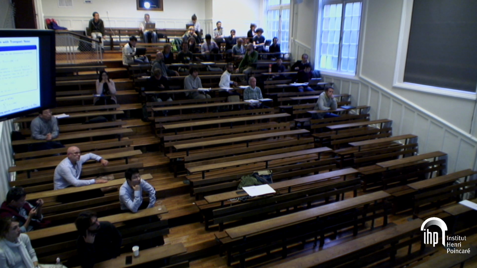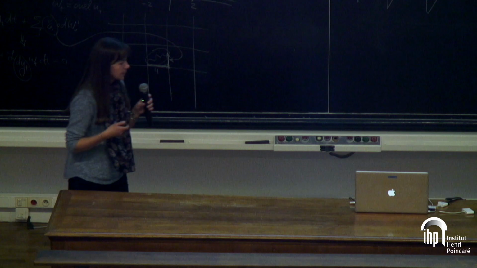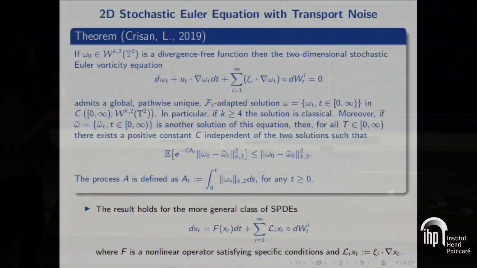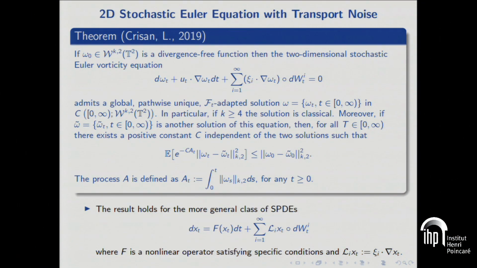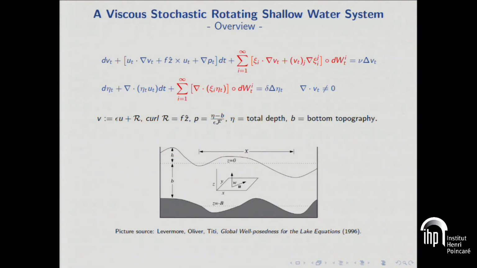Yes, I did. This is actually another result in preparation, but I didn't have time to present it properly. The Great Lake equations are an intermediate model between Euler and the stochastic rotating shallow water system. They are the equations modeling the evolution of the fluid when we have a rigid lid.